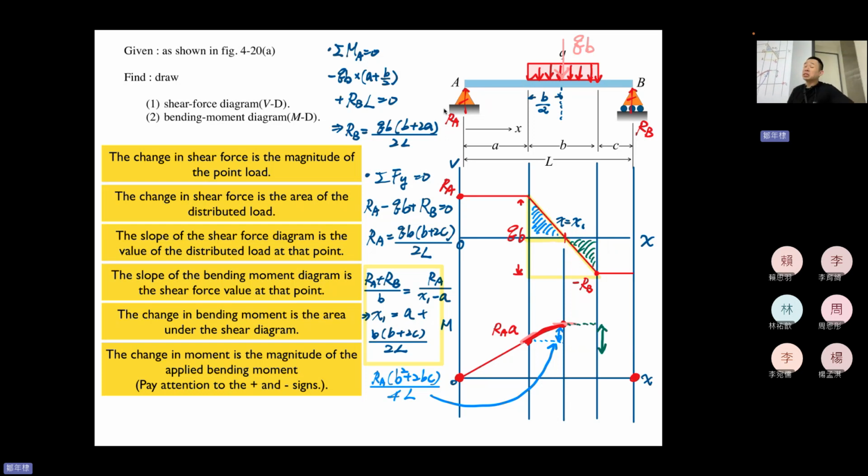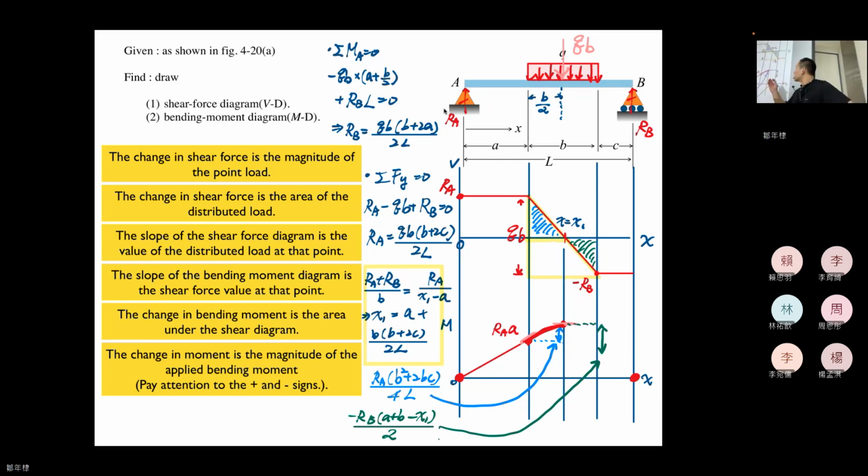It will be minus RB times (A plus B minus X1) divided by 2, because this is a triangle. Okay. Next one.